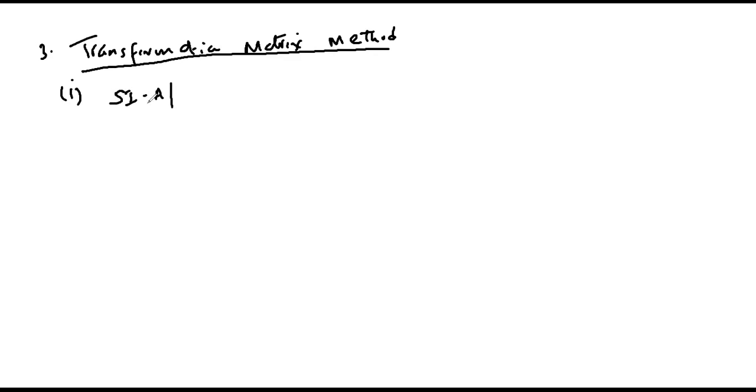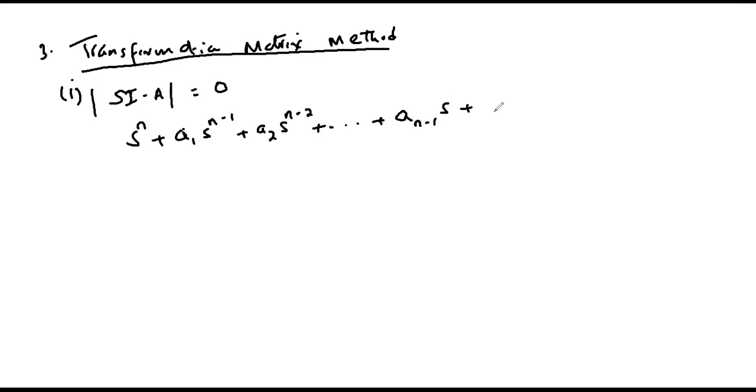The determinant of sI minus A equals 0. We determine that characteristic equation, and we expand it into a polynomial in S with the coefficients a i as follows: S to the power n plus a1 S to the power n minus 1 plus a2 S to the power n minus 2, all the way up to a n minus 1 S plus a n equals 0.